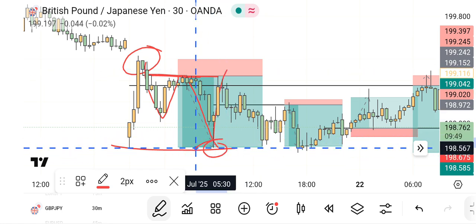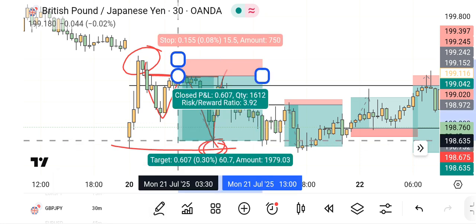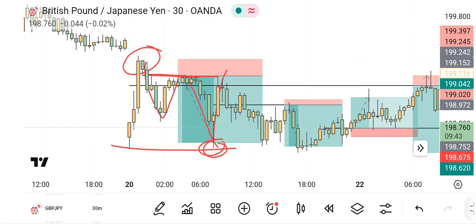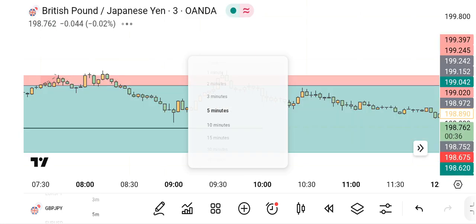But for the TP, sometimes I just reduce my take profits to like this because of the price rejection on some brokers. So then I went to the lower time frame for my entry confirmation, which is this.